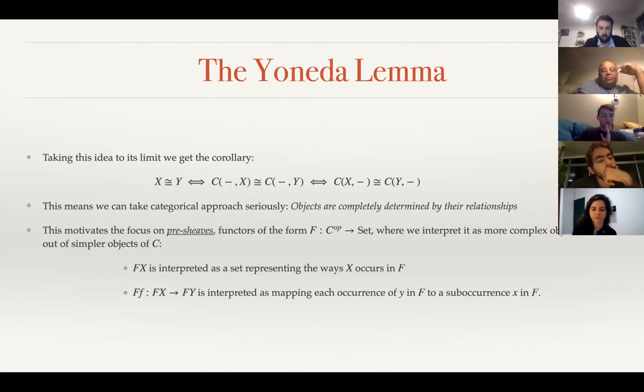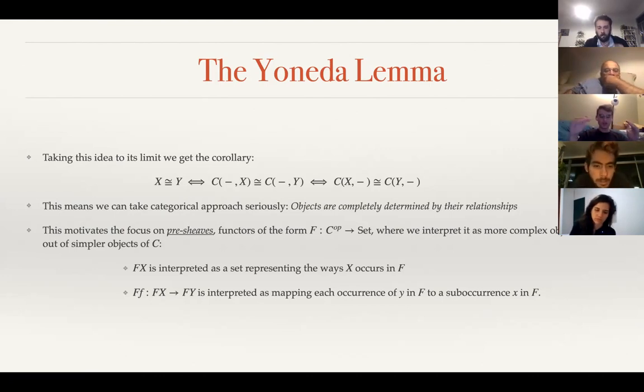I'm not going to go through the full details of how we get to this, but using the Yoneda lemma, a quick corollary is that x is isomorphic to y if and only if the presheaf of arrows coming into x is isomorphic to the one going into y, if and only if you have the ones coming out of them.